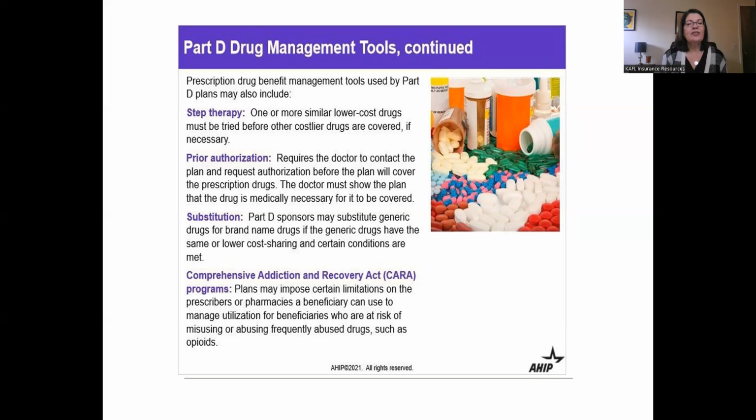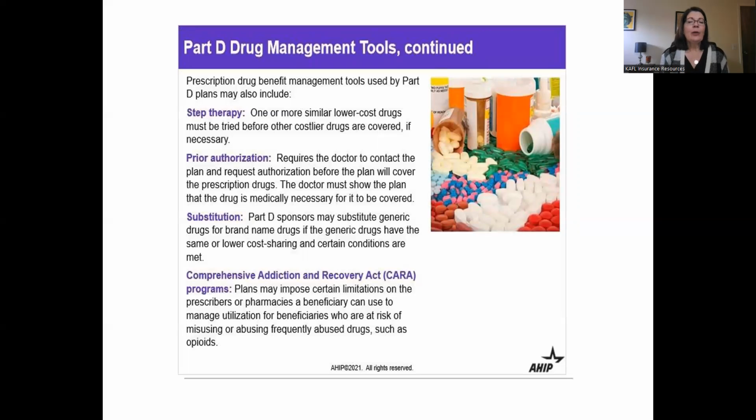And then prior authorization, the doctor has to request authorization from the plan to cover the drugs, and the doctor has to show that it's medically necessary.